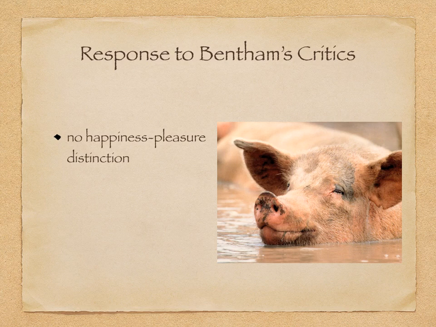So this is why for Mill, he changes the principle of utility into the greatest happiness principle. He does recognize the criticism of Bentham's philosophy for not making a happiness-pleasure distinction, and his solution is very straightforward: utilitarianism is not incompatible with the happiness-pleasure distinction.